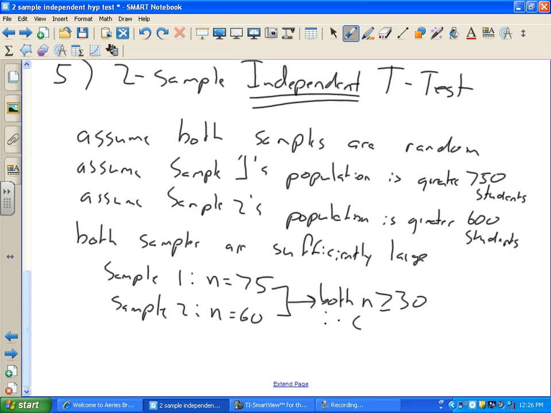Therefore, central limit theorem applies. Random, independent, normal. Same three as they were before. Notice that it's just an extension of what we talked about before. And you guys can probably figure out where we're going.